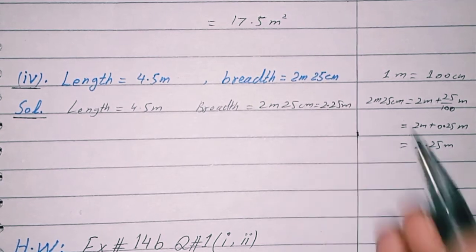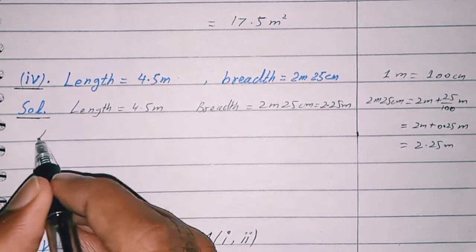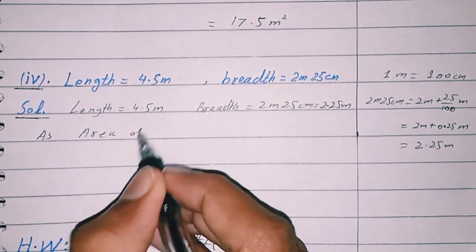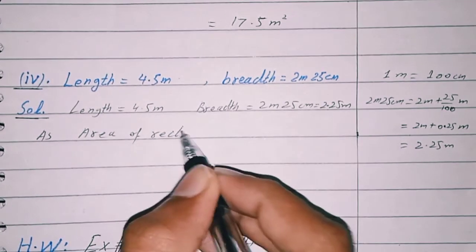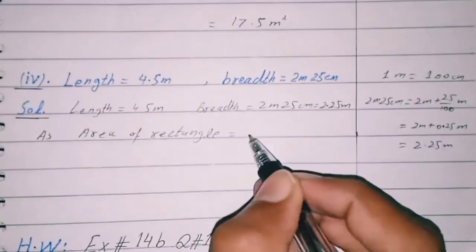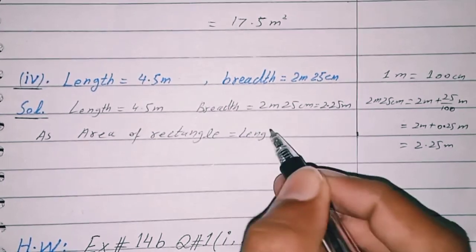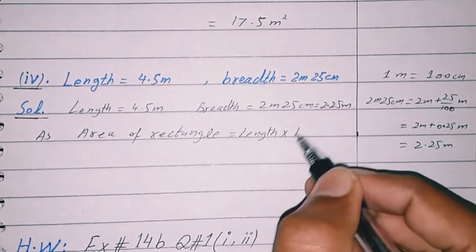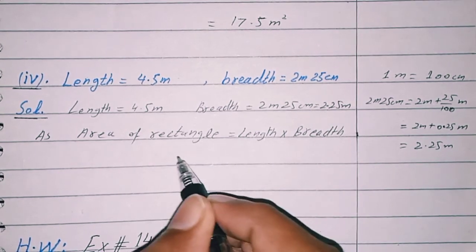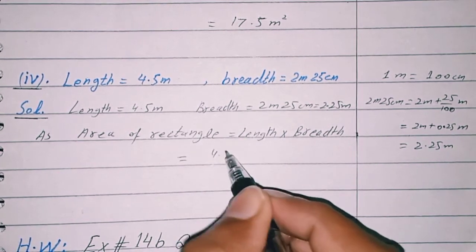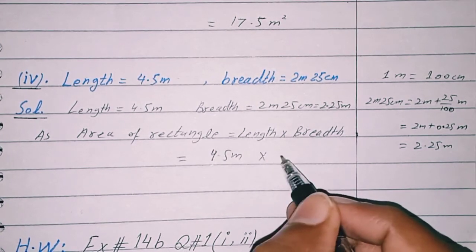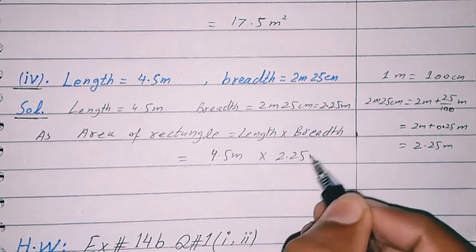So we can write there 2.25 meter. Now as area of rectangle is equal to length multiply breadth, length is 4.5 meter and breadth is 2.25 meter.